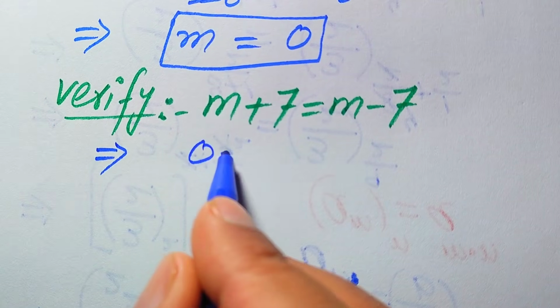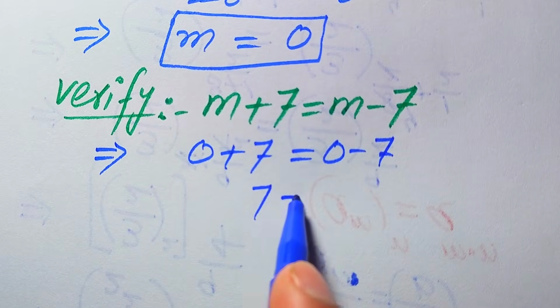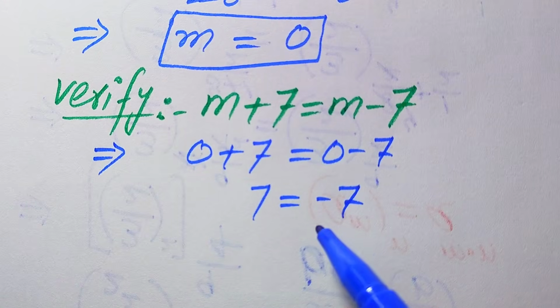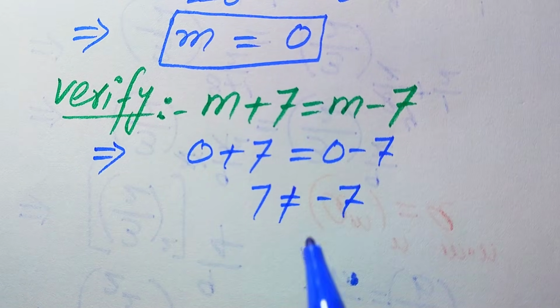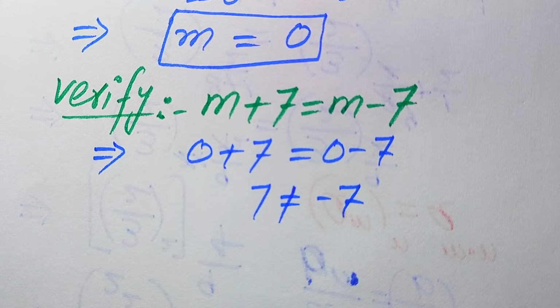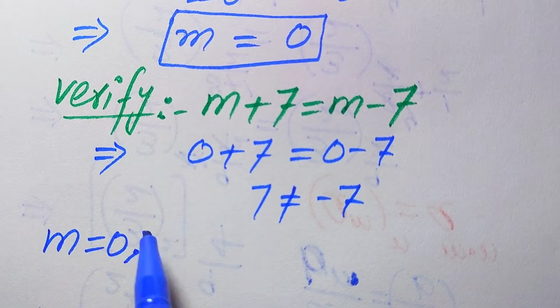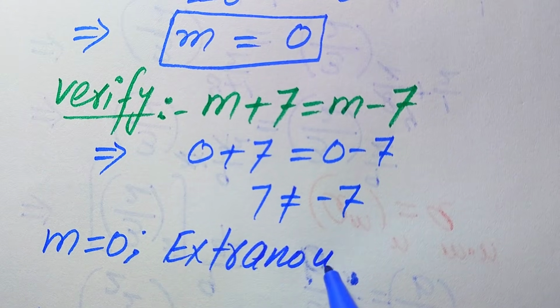When we put it here, it becomes 0 plus 7 equals 0 minus 7, and we obtain 7 is equal to minus 7. This shows that both sides are not equal, which means the value m equals 0 does not satisfy our given question statement. So we record that m equals 0 is an extraneous root of the given equation.